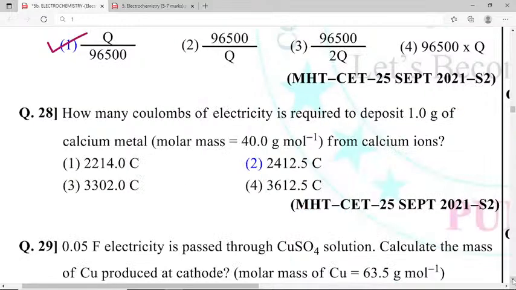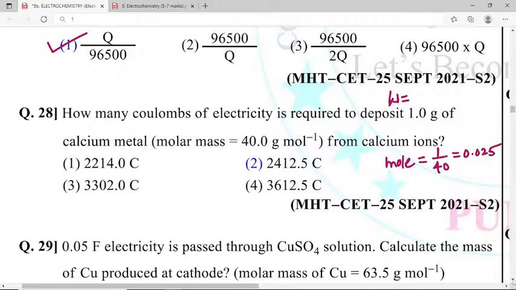How many coulombs of electricity are required to deposit 1 gram calcium from calcium ions? So we have to calculate the mole. Mole is equal to 1 by 40, so that is 0.025.